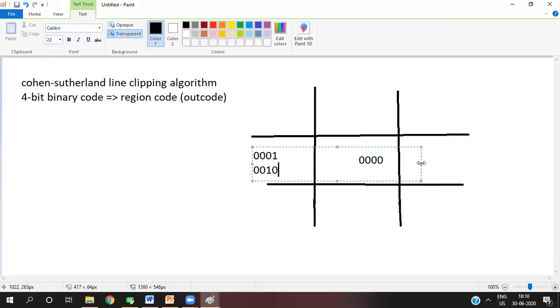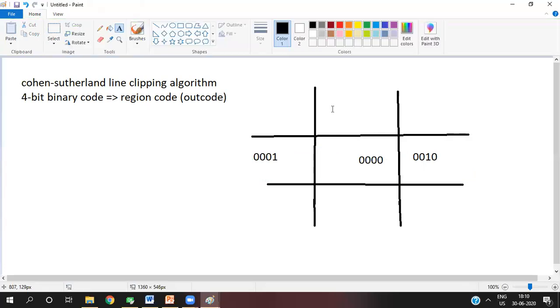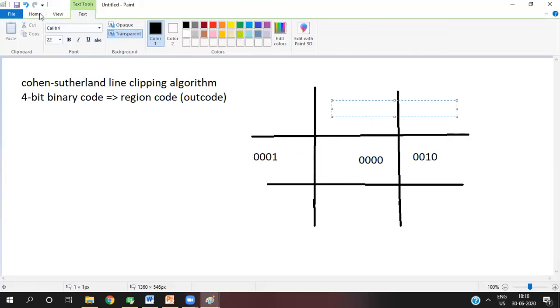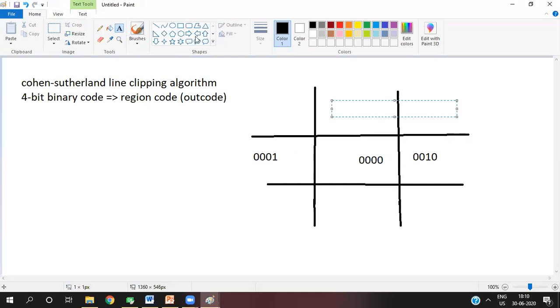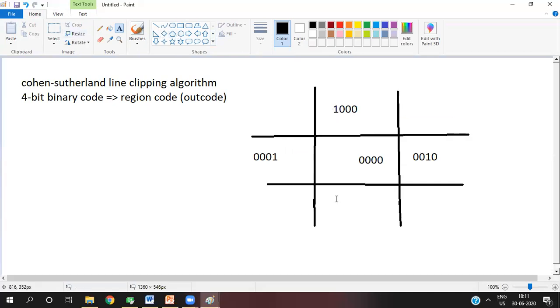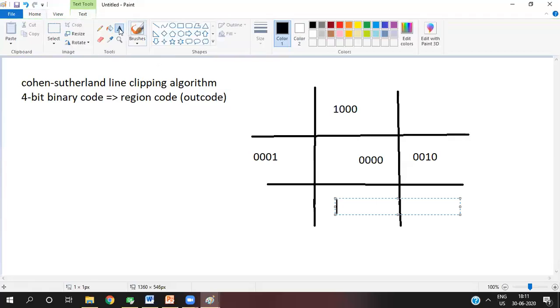Okay, 0010, like this. If you are at the top, the code is 1000. If you are at the bottom, the code is 0100.